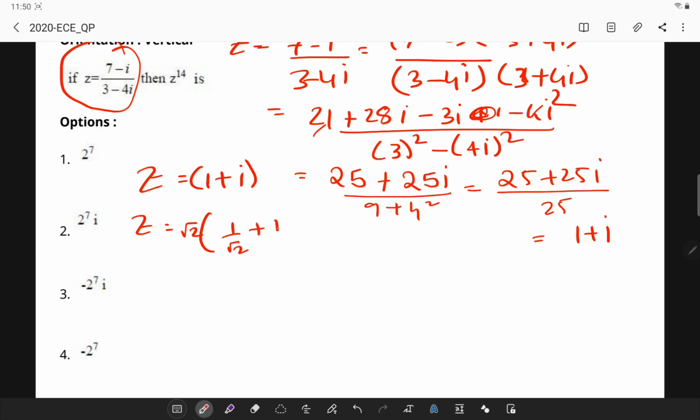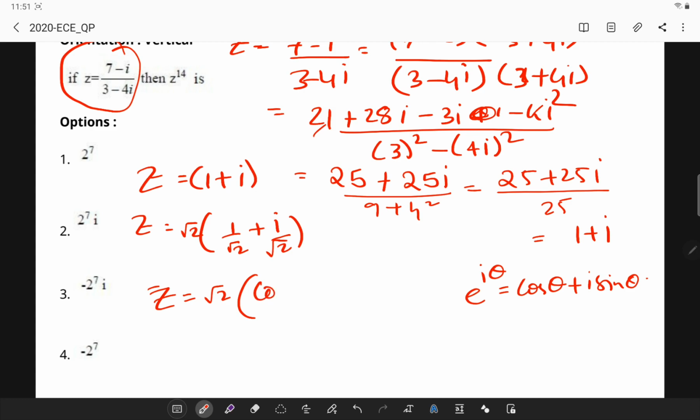So if z is 1 plus i, now if I multiply by root 2, it can be written as 1 by root 2 plus i by root 2. So I can write z is equal to root 2 into, if you remember Euler's formula, e power i theta is equal to cos theta plus i sin theta. Similarly here you will be left with cos of pi by 4 plus i into sin pi by 4. So I can simply write z is equal to root 2 into e power i pi by 4.